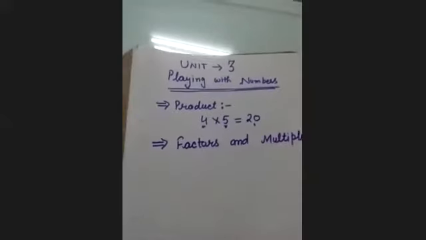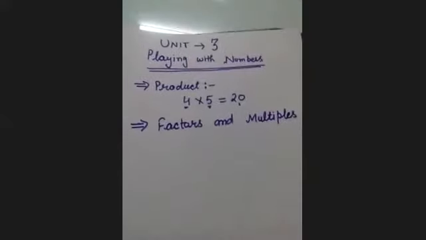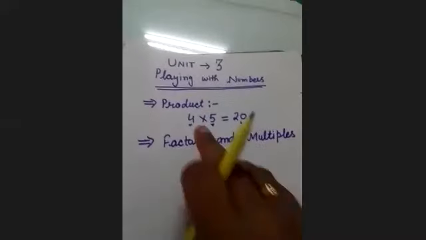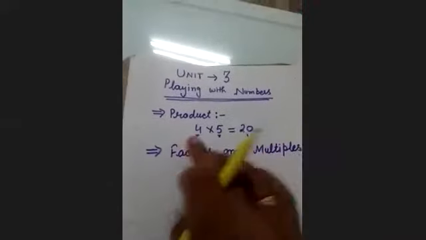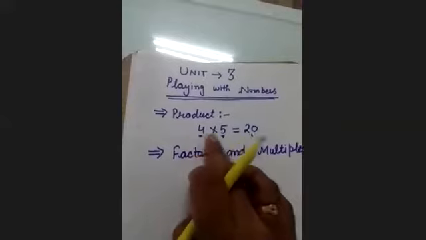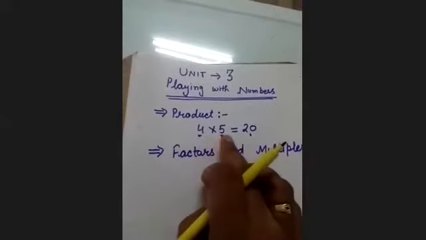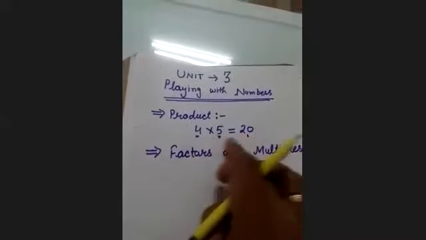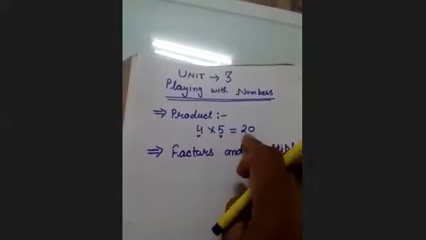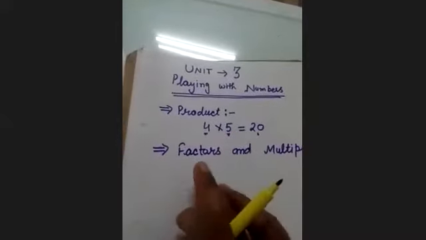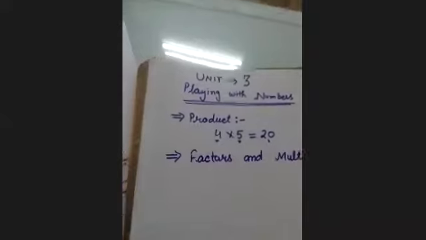Yes, friends. Now we'll discuss what are factors and multiples. First, when we multiply any two natural numbers, then we get a product. The result is known as product. Now, what are factors and multiples?